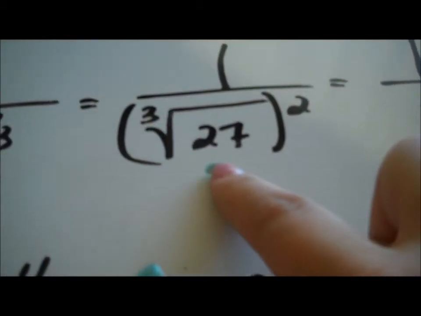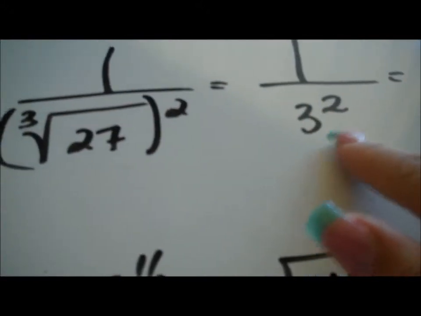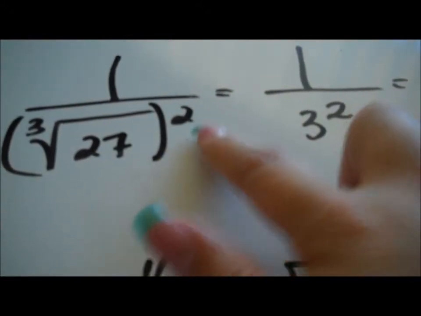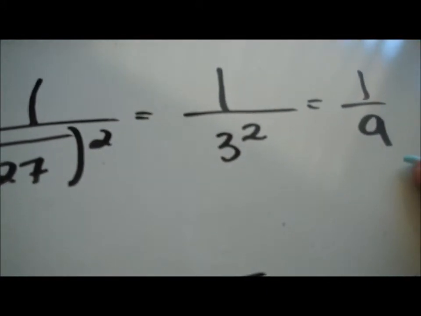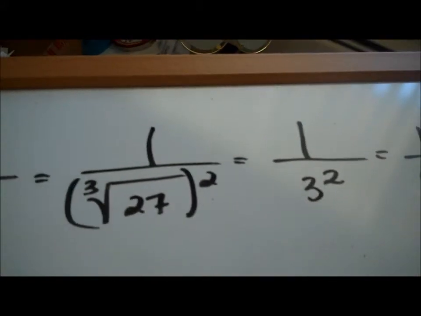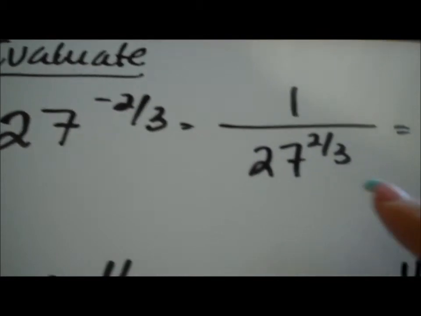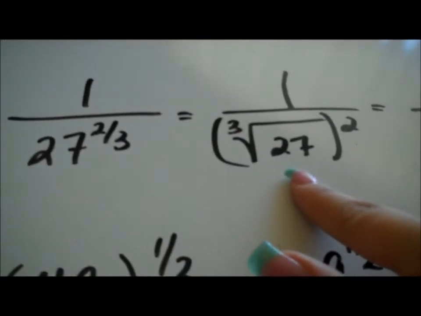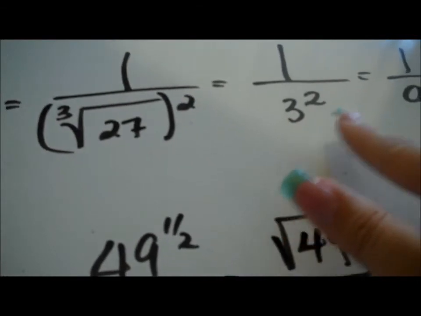We take the cubic root of 27, which we know is 3, and that 3 is going to be raised to the 2nd power because, again, that 2 is on the outside here, and 3 squared is 9, so therefore our final answer is 1/9. Okay, so again, take the inverse, rewrite, and then start evaluating using your order of operations to get your final answer.